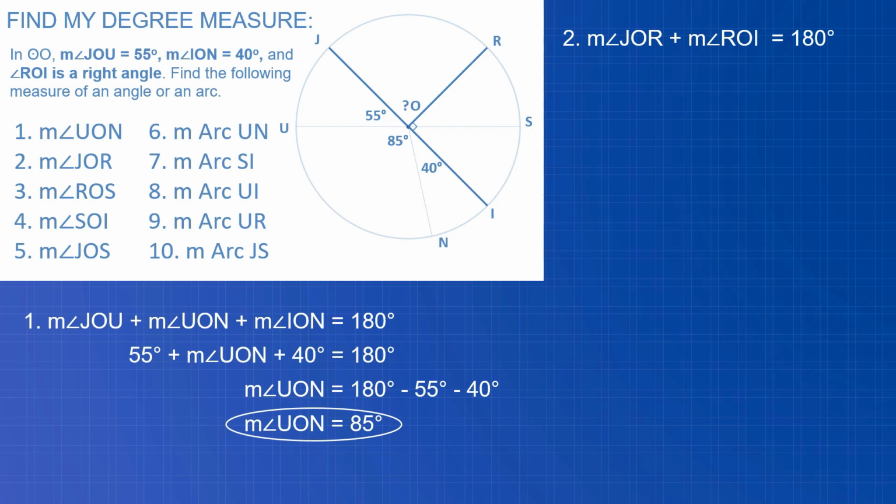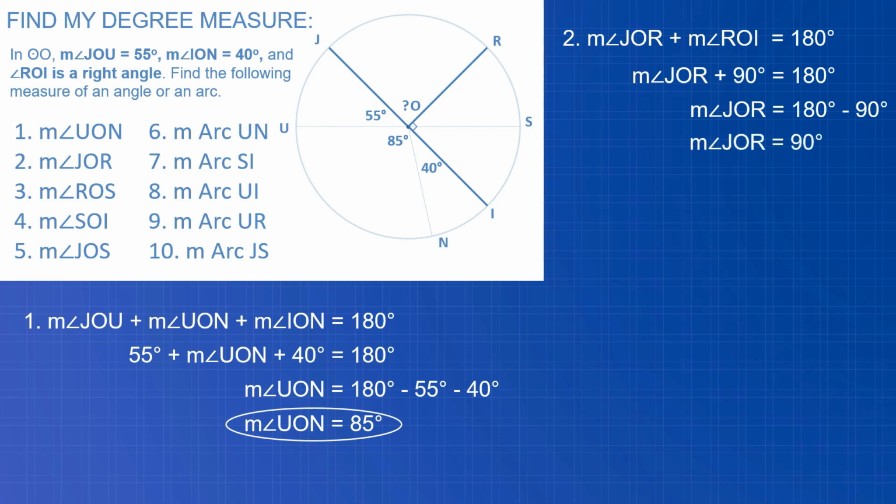And since the angle ROI is a right angle, substitute its value and then simplify. The measure of angle JOR plus 90 degrees equals 180 degrees. Use subtraction property of equality, we have 180 degrees minus 90 degrees. Simplify, therefore, the measure of angle JOR is equal to 90 degrees.